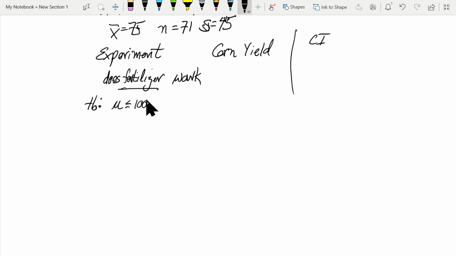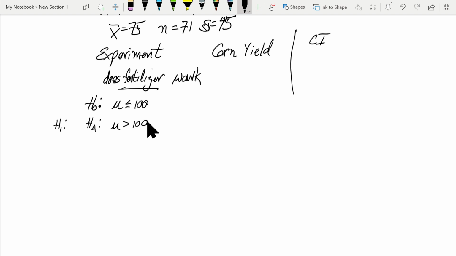I'm doing an experiment to try and prove that I am wrong. The alternate hypothesis, this is called HA or H1 sometimes. You see them both ways, is that the mean for the corn yield is greater than 100 bushels per acre.